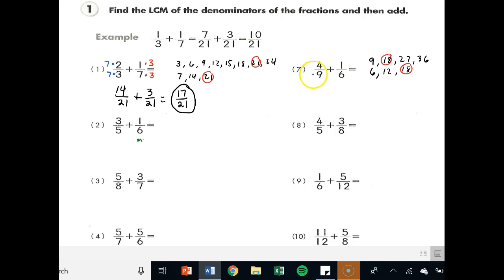So on 9, I'll multiply it by 2 on top and bottom to make it 18, and 6, I'll multiply it by 3 on top and bottom to make it 18 as a denominator. So I now have 8 over 18 plus 3 over 18. That gives me my answer of 11 over 18. And circle your answer. All right.